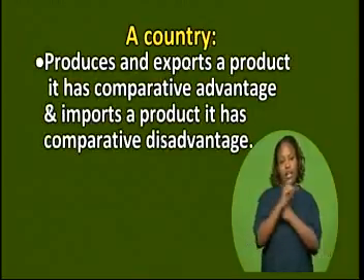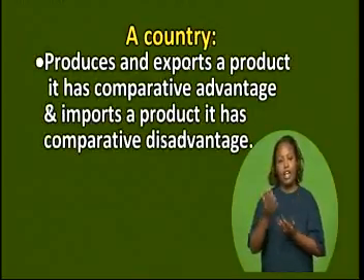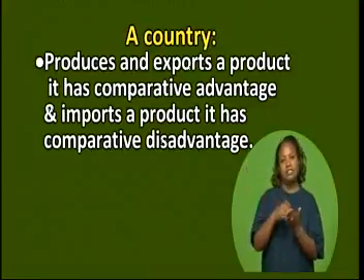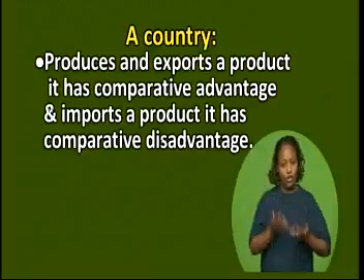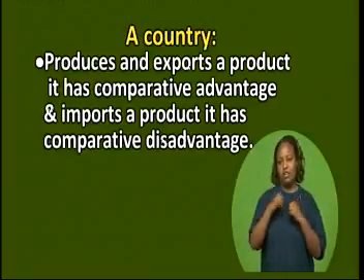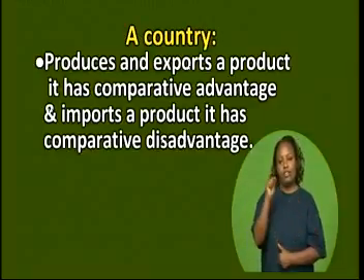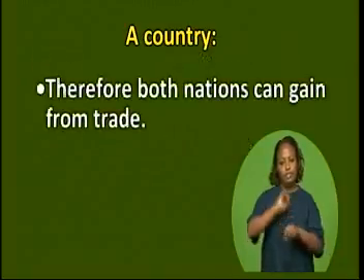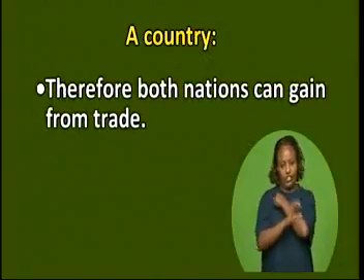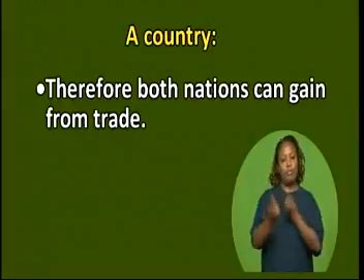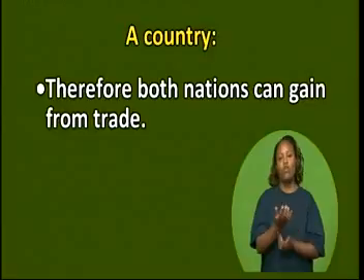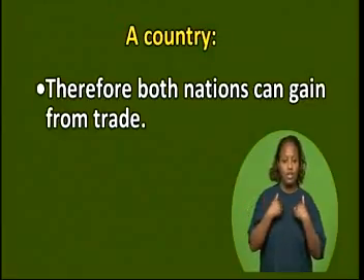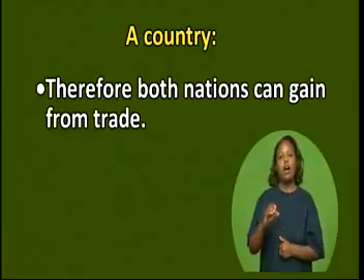Thus, a country produces and exports a product it has comparative advantage and imports a product it has comparative disadvantage. Therefore, both nations can gain from trade by specializing in the production of goods where it has comparative cost advantage.